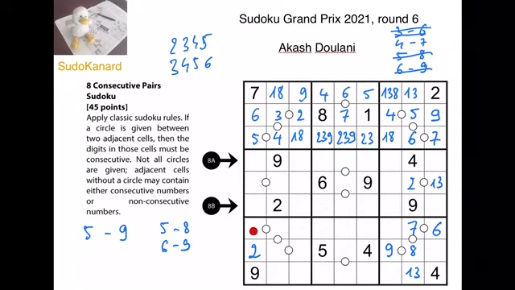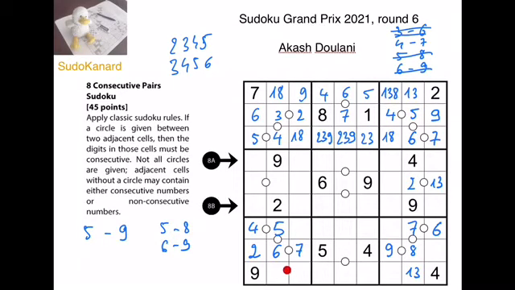It can't be a 3, because it would put a 4 here. So it has to be 4 or 8, but 8 would put a 7 here, which would clash. So it has to be a 4. This can't be a 3 because there's already a 3 on the column. So it must be a 5 with 6 and 7.